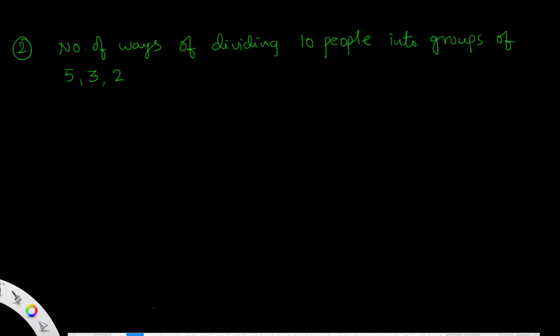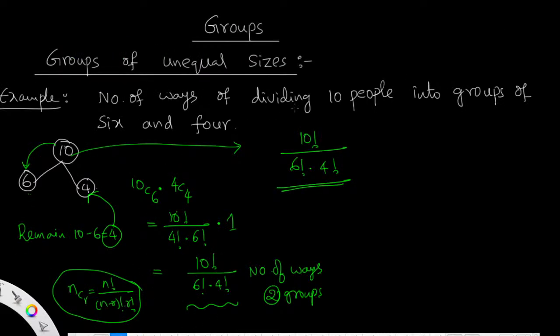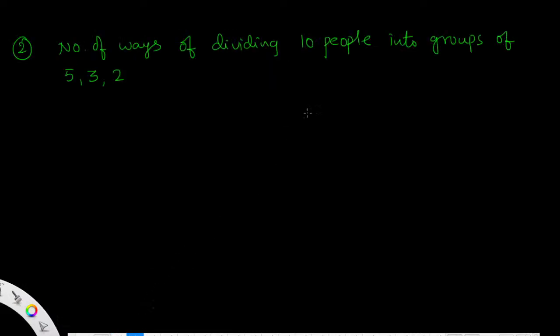In the previous problem, we divided 10 people into two groups of 6 and 4. Here we are dividing 10 people into groups of 5, 3, 2. We can write a rough diagram.